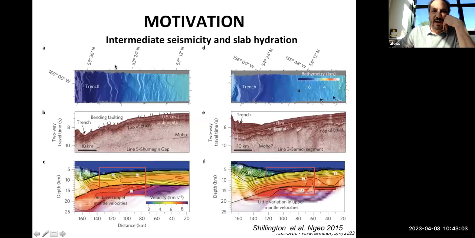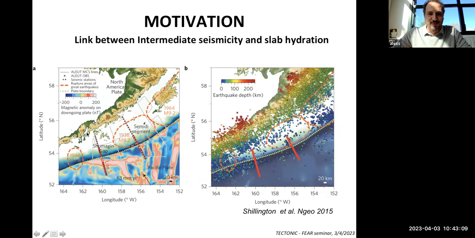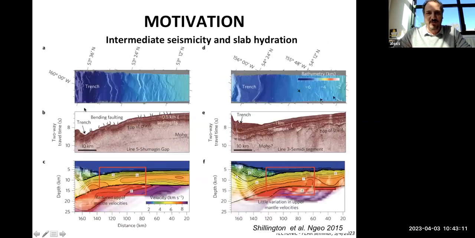And when you look at the seismic profile, what you see is that along the Shumagin gap, which produces earthquakes, there is a lot of faulting, all these little arrows. These are all the bending faults. And when you do tomography, what you see is that the mantle has reduced upper mantle velocities. And so there is probably a large amount of hydrated material here.